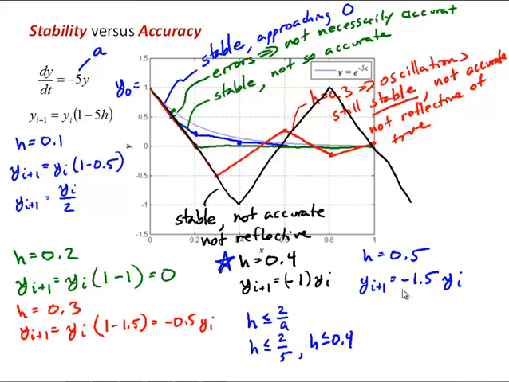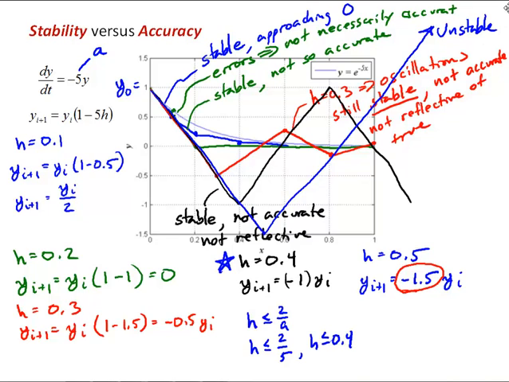You can see that with each successive time step, the magnitude of yi plus 1 is getting larger. We're going to take that all the way down to negative 1.5, and as we go back up, we are getting an unstable solution.